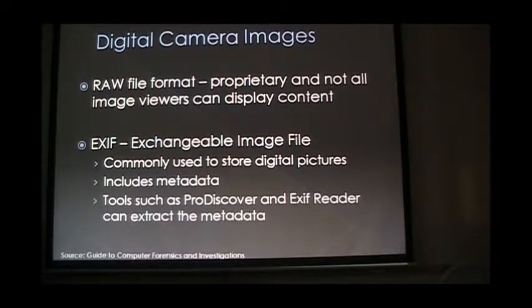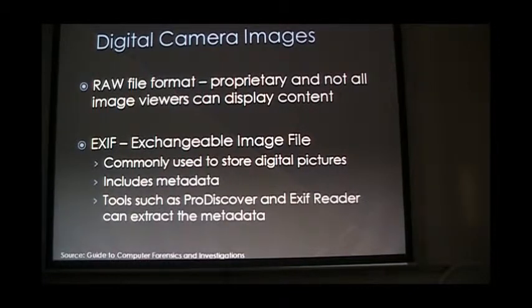But you typically see, in a photo from a camera, you get a JPEG with the EXIF data, the exchangeable image file format. What that does is allow the JPEG file to have metadata about that image, like when it was taken and the type of camera you used.